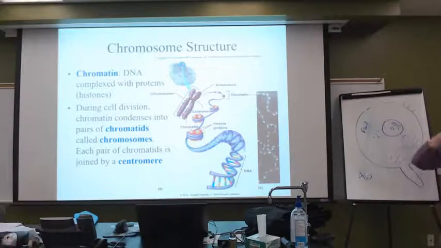On those molecules, they pair up and give us 23 pairs. 1 through 22 are our autosomes. Pair 23 are the sex chromosomes, XX or XY.